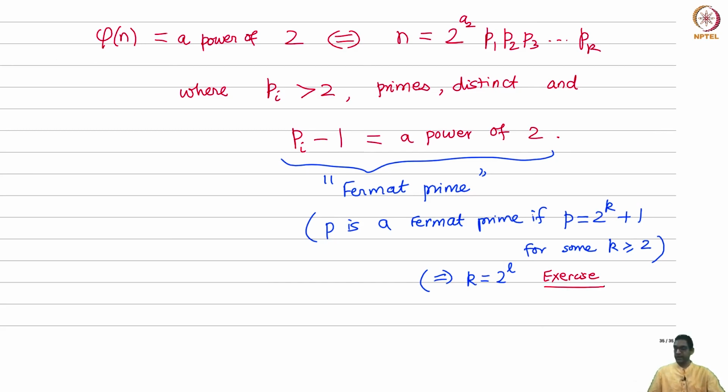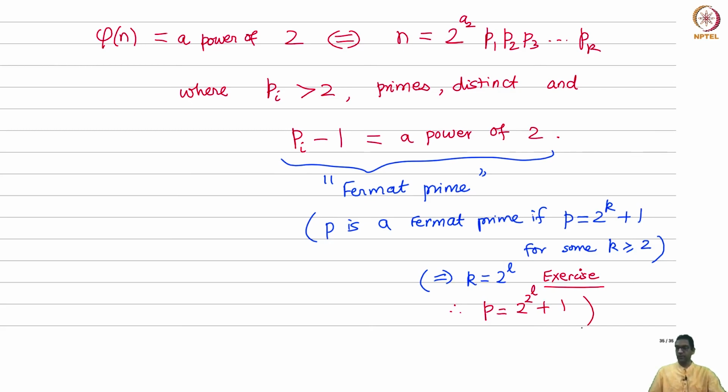You can find a common factor. If k has an odd number dividing it, then you can easily pull out a divisor of P. So exercise: show that k must look like 2 to the power n. So in fact a Fermat prime is of the form 2 to the L plus 1 for some L, and P is prime.